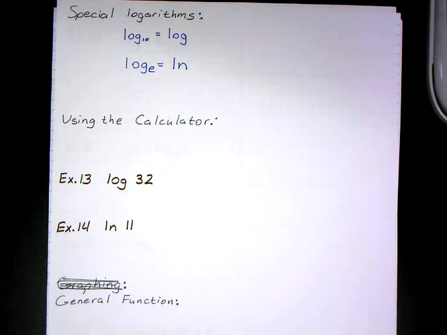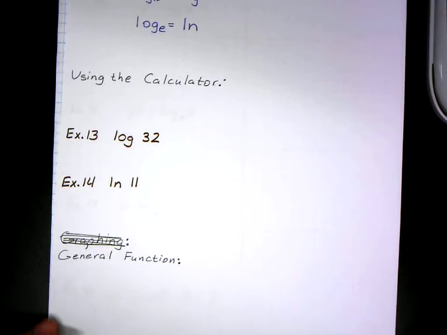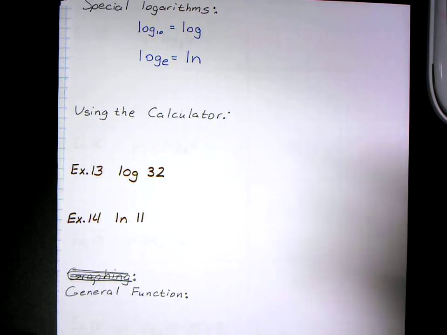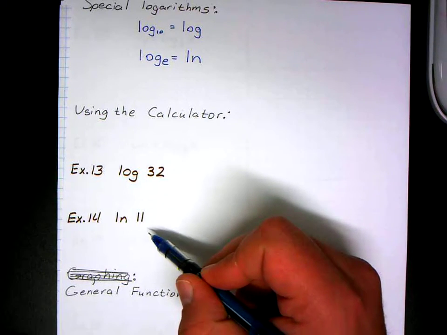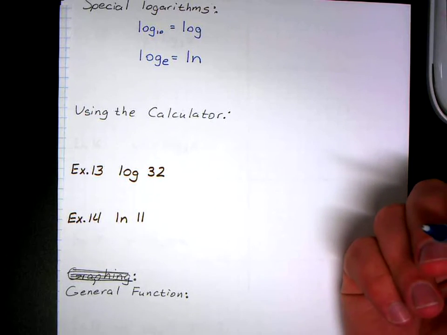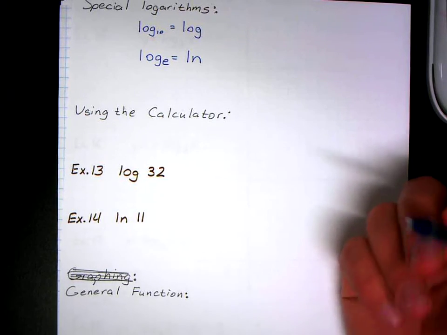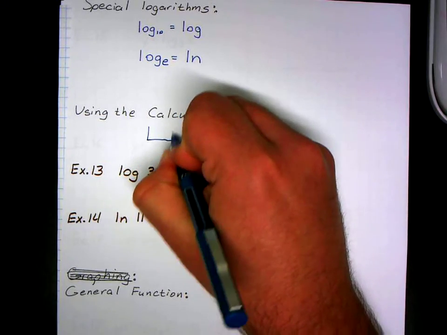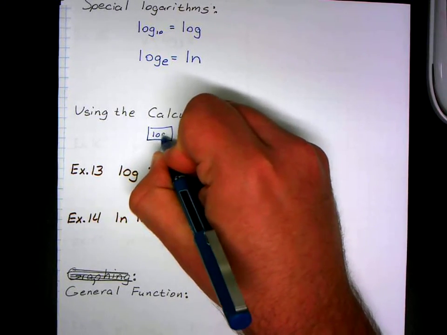So I just wanted to make sure that you guys are okay with using your calculators. So I was going to do these two, and you can try them on your calculator. Again, somewhere in your calculator you should have a log and an ln button. You should literally have a button that says log.